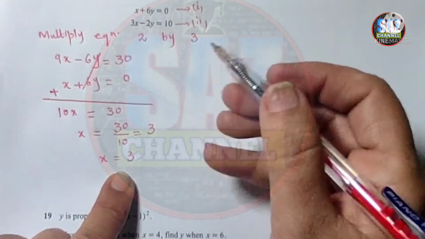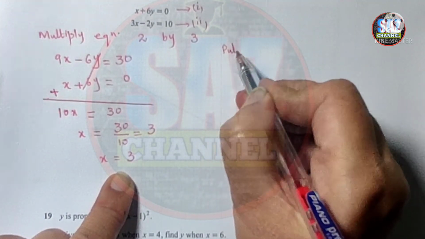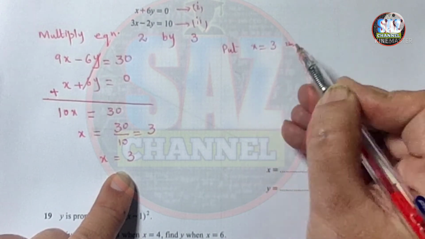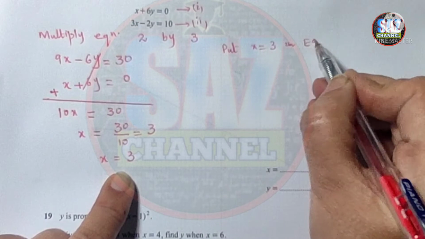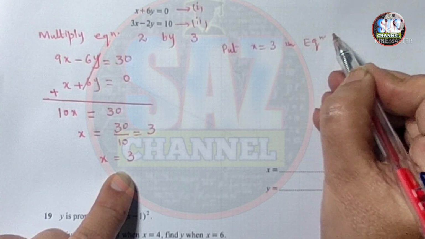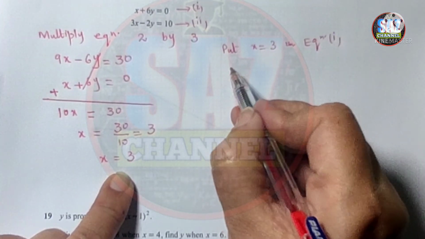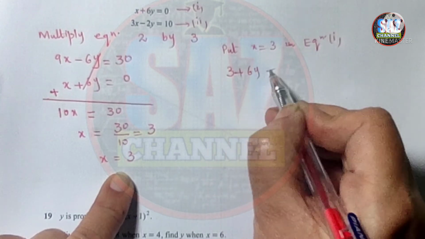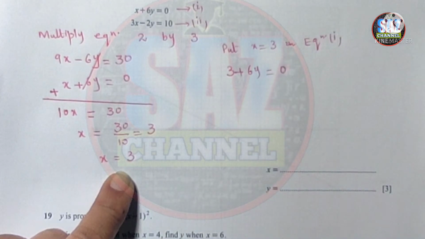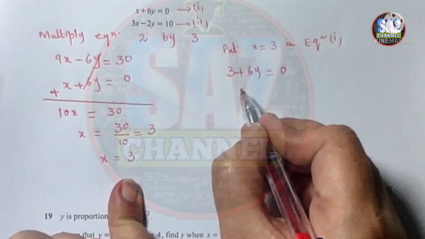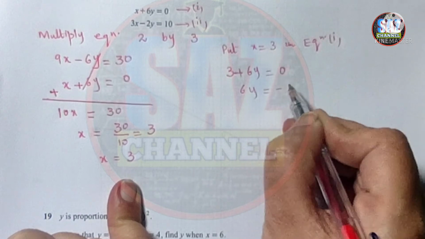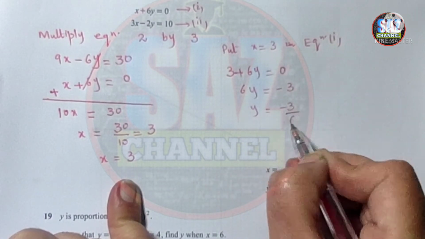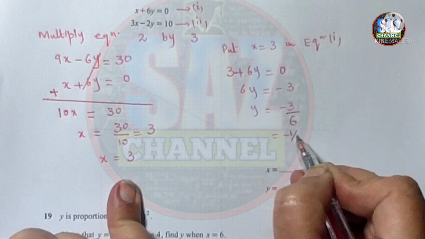Now we have to put x equals 3 in any one of the equations, in equation 1, to get the value of the other variable. So x equals 3, 3 plus 6y equals 0, and this gives me 6y equals minus 3, and y equals minus 3 upon 6, or minus 1 by 2.